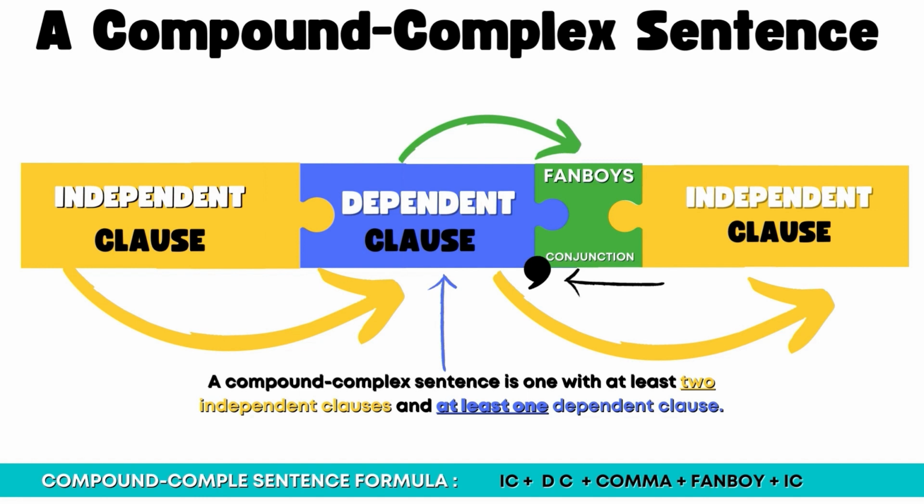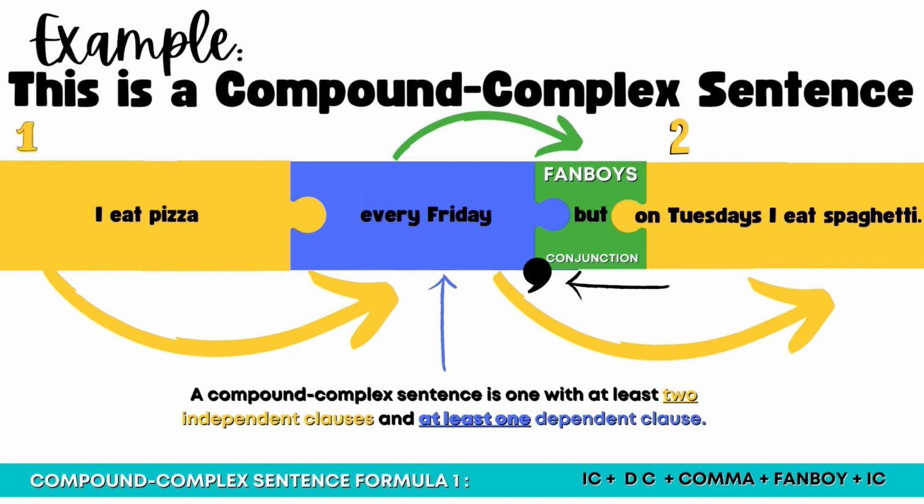We can take a look at this example. We have the independent clause plus the dependent clause plus the conjunction plus the fanboy plus another independent clause. Let's get an example.